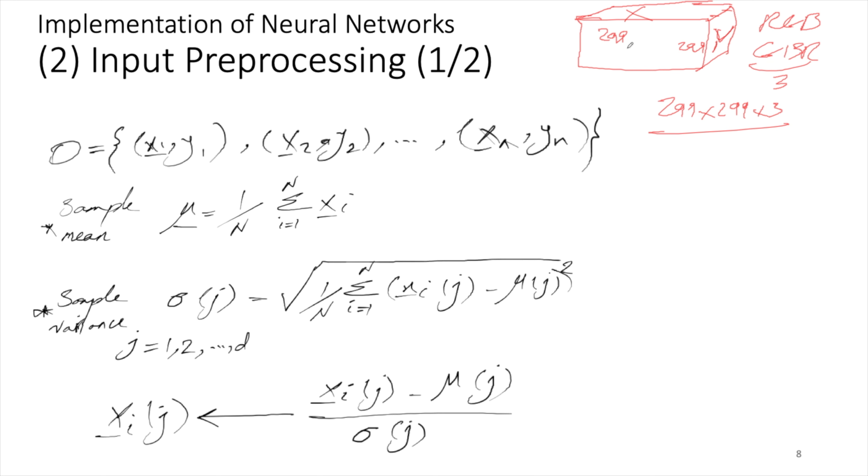Some networks only accept a certain amount of inputs, like LeNet-5, which only accepts smaller, 20-something pixel inputs, right?